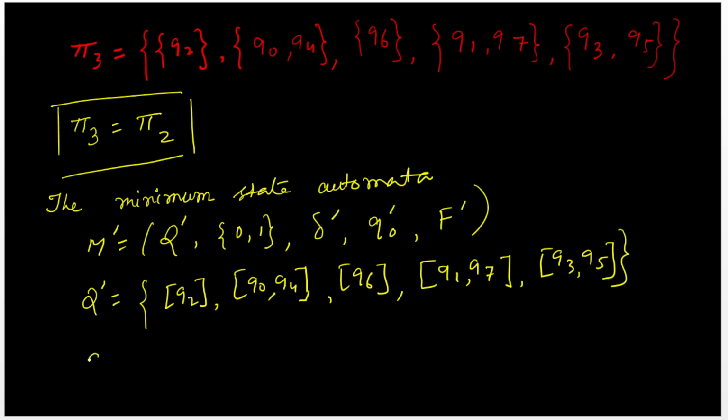And the initial state will be Q0, Q4, and the final state will be F dash, which will be Q2.